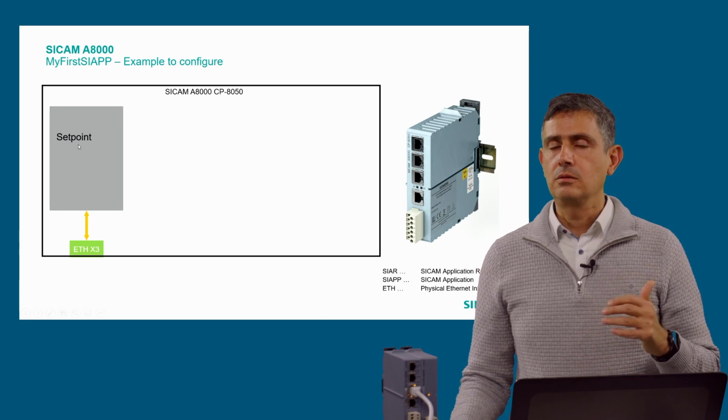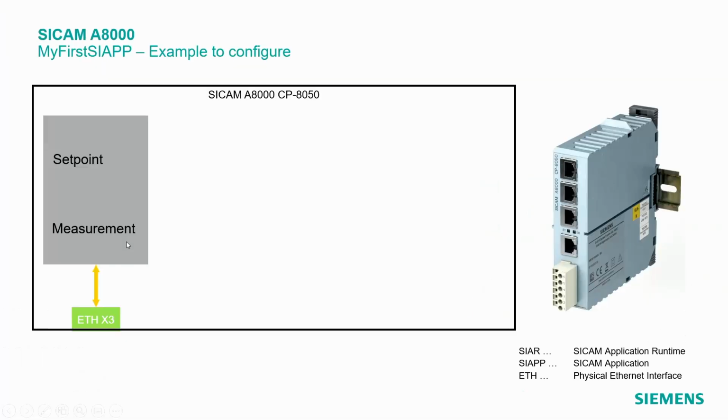And we also have one measurement. The idea is normally if we want to write the set point from the web browser of SICAM web, then the measurement should get the value written by the set point. This you could do normally with a CFC function, for example, but we can also do it with a SIAPP. So this is the exercise we will do.